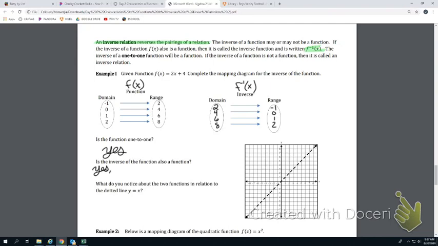Now there's not a blank here, but I want you to have that written down. So you can put yes, because the original, just so you know where we got this answer, is a one-to-one.